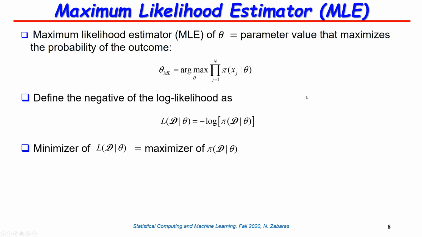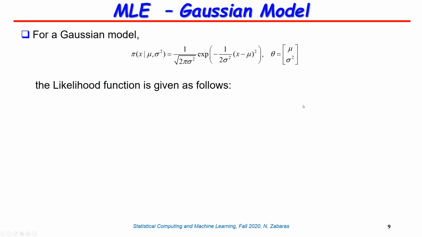Okay, so let me start giving you a few examples. Here is the univariate Gaussian, and we're going to assume that our main parameters are the mean mu and the variance sigma squared. So this is what we want to compute. So theta 1 is equal to mu, and theta 2 is equal to sigma squared.